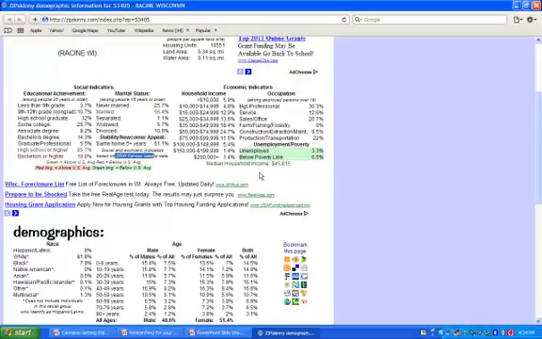We're saying the median household income is $45,000. Here it says green. If the term is green, it's below the United States average. If it's red, it's above the United States average.